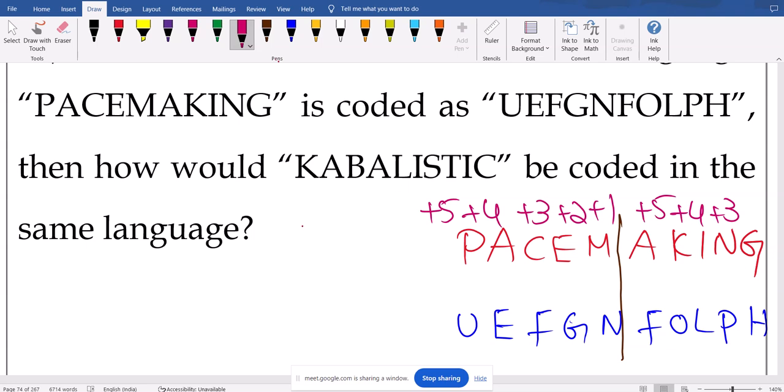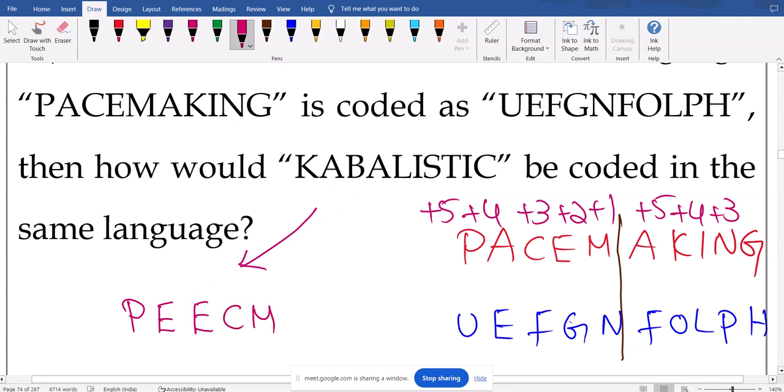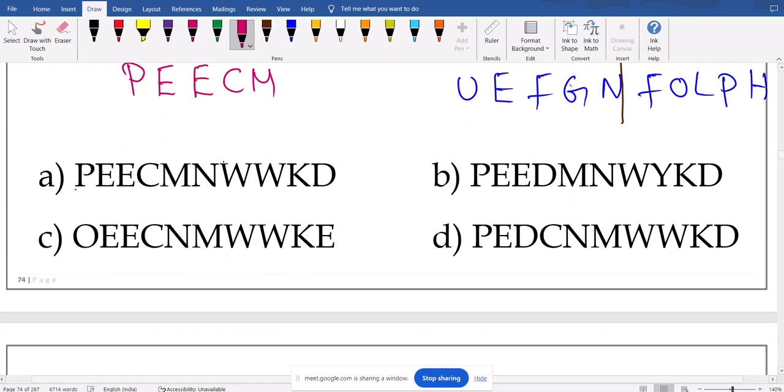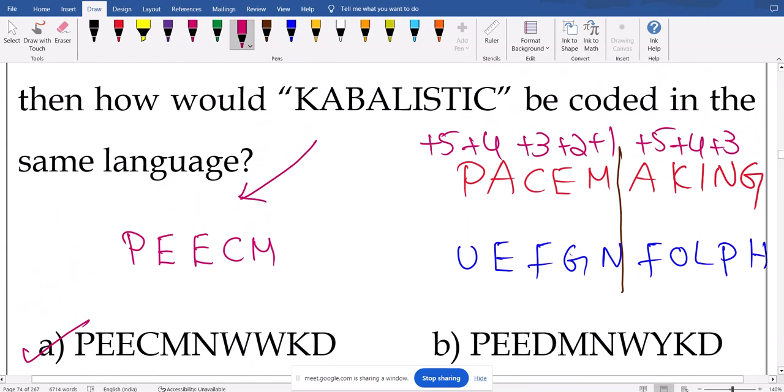If you apply the same thing, first plus 5 means we have to get P, and then plus 4 means we'll get E, and plus 3, B plus 3, we got E again, right? So plus 2 and M, right? So PEECM is available only in option A.